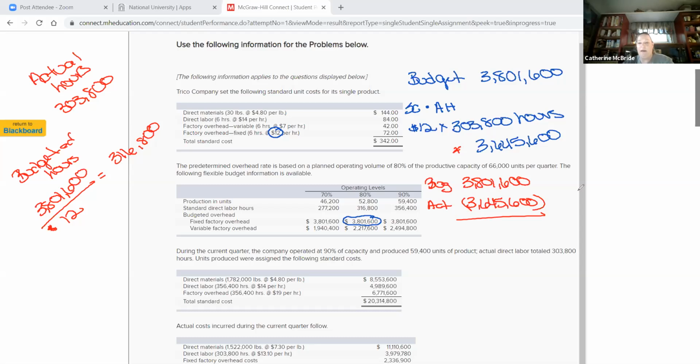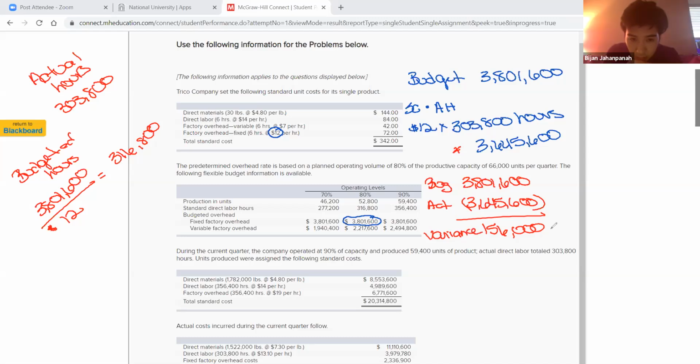I'll write it down: 3,801,600 minus 3,645,600 is $156,000, if I did the math right. Is that favorable or unfavorable? Favorable, because we planned to spend $3,801,600 and we did spend $3,645,600, so we spent less than we planned.